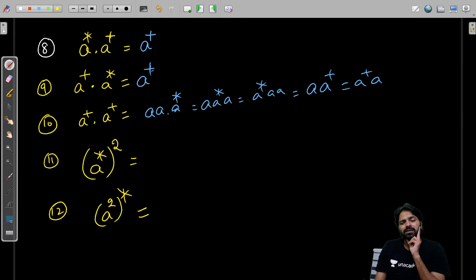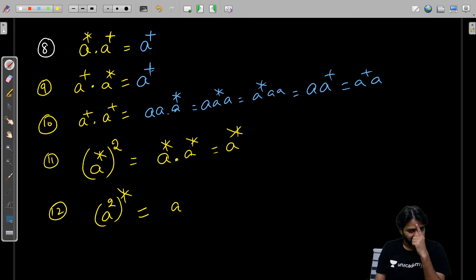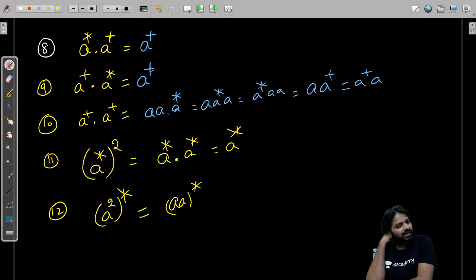Okay, A star square. A star dot A star: any dot any is any. And A square star, A square star, guys. What can you write for this? Double A whole star. You cannot write anything more than that. Double A whole star, that's it. A square whole star, double A whole star. So you can't write a single A, you can't write three A's.